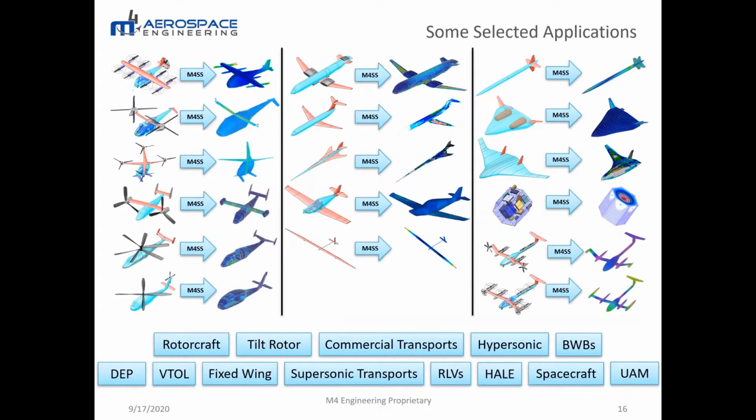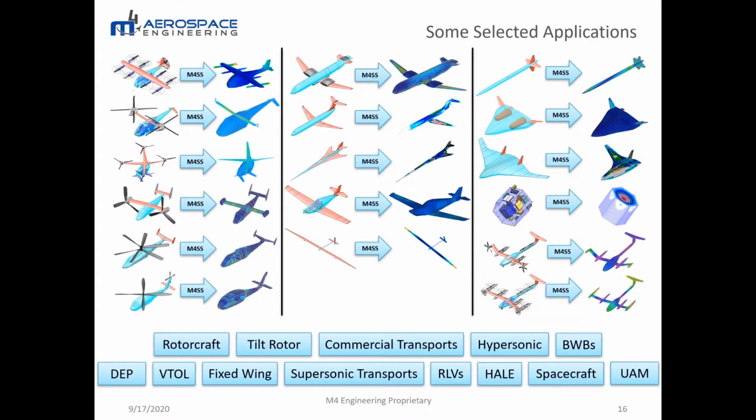And then lastly for the selected applications, we've really looked at a lot of vehicles, many more than are shown here. This is what we're allowed to show. As you can see on the left, we've looked at some VTOL UAM style applications in a previous phase 3 that concluded last year, and then we've also looked at some traditional transports as well as GA and HAIL type vehicles.